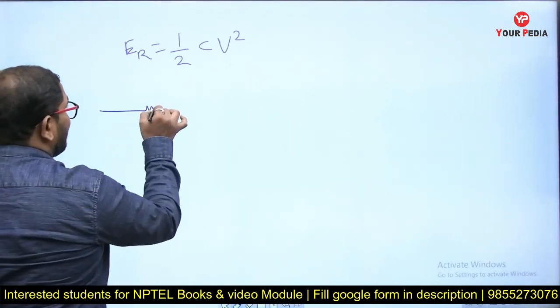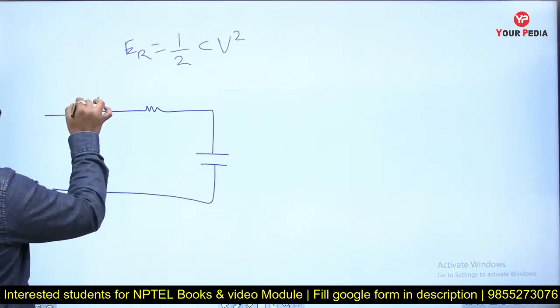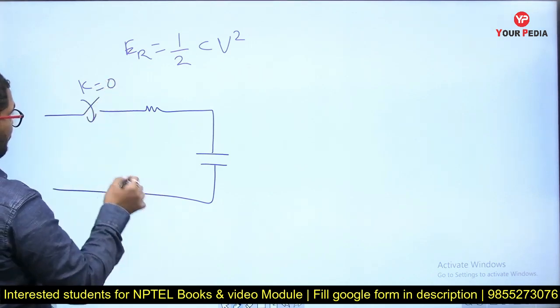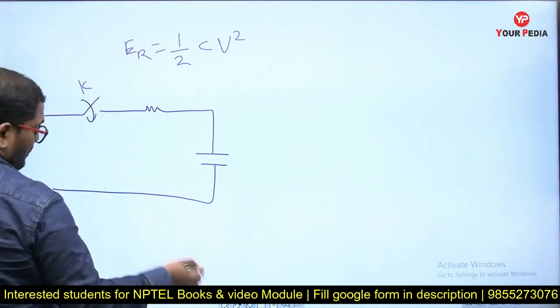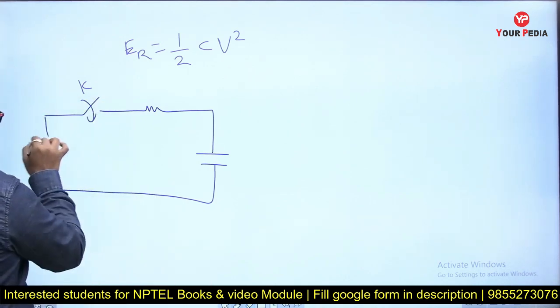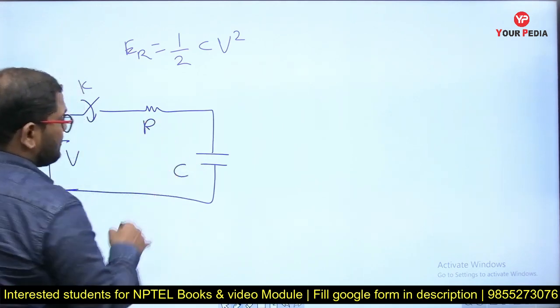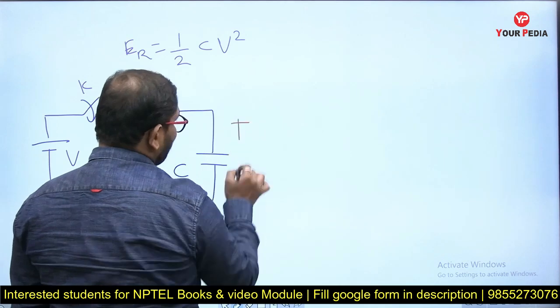Now if you take the circuit into consideration, the key K is closed at 0, this is the supply V, this is R, this is C. How much energy is stored by the capacitor?